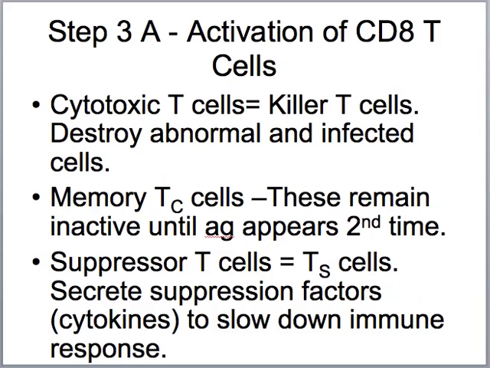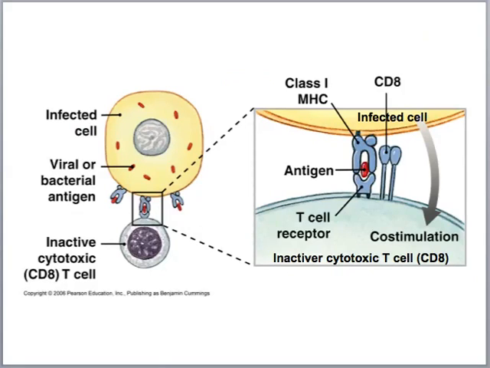So we have pictures of co-stimulation shown right here. Right here is an infected cell. The infected cell has its MHC class 1 protein in the membrane. He's got his little antigen. Here comes the CD8 cell. He's holding out.